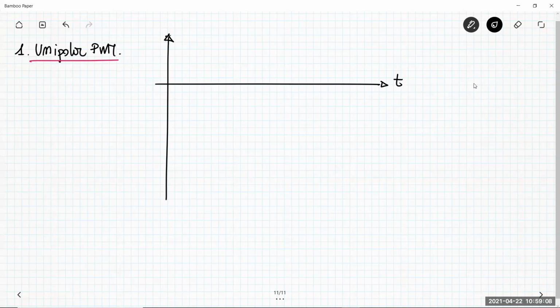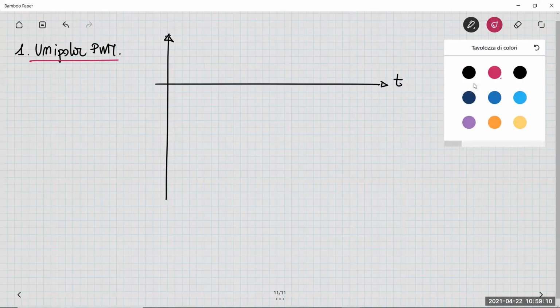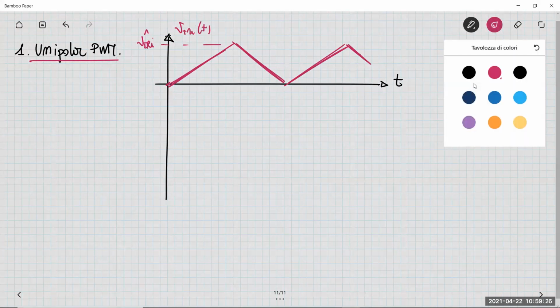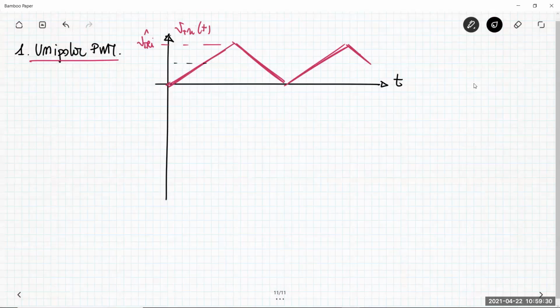So the triangular voltage, that has peak value of V triangular. And let me stress also the value at half the peak value, which is here.